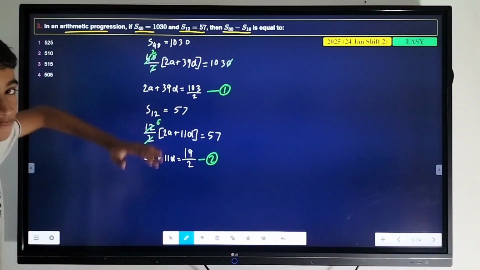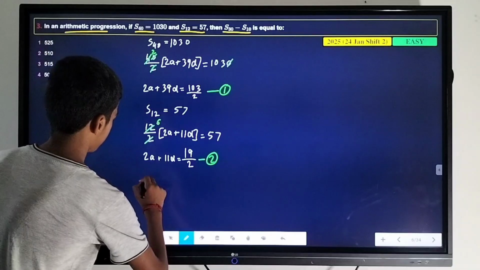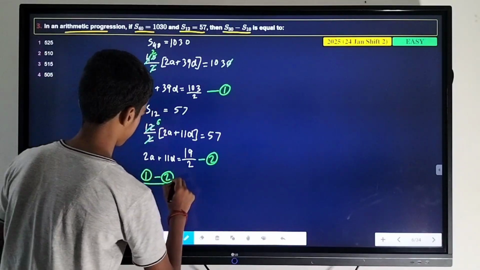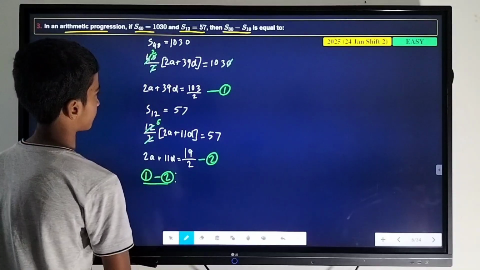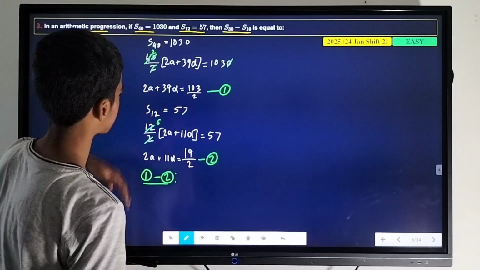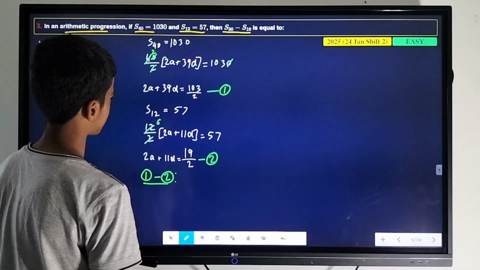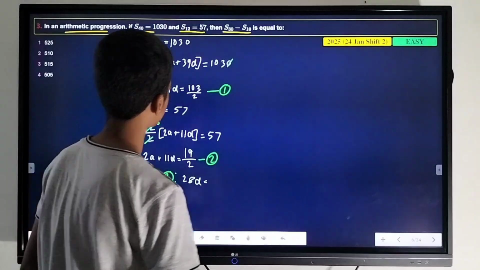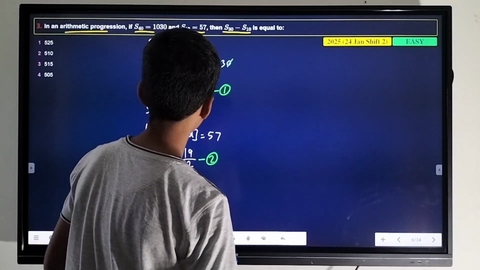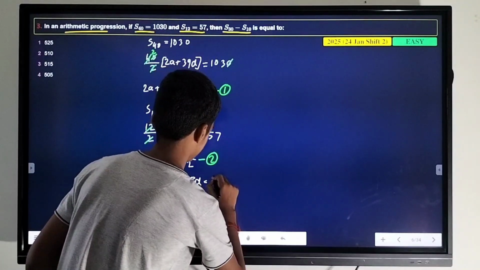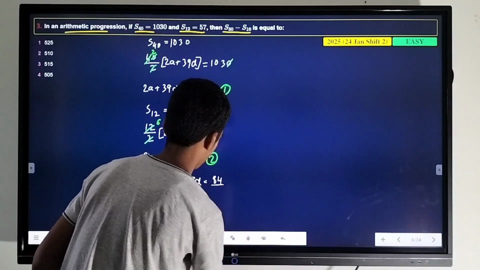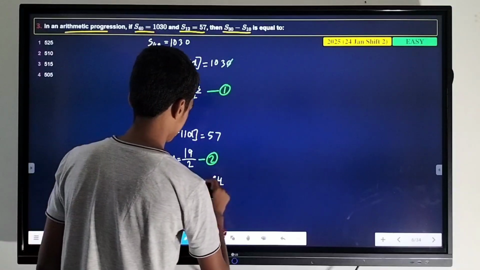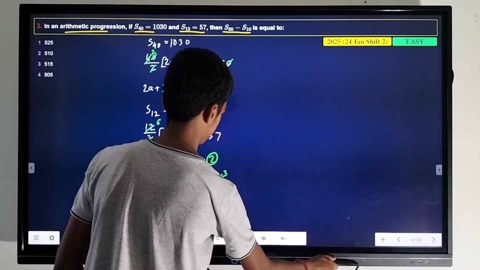So we have equation number 1 and equation number 2. We will subtract equation number 2 from equation number 1. So we will get 2a will get cancelled out. 39d minus 11d will be 28d is equal to 103 minus 19, which is 84 upon 2. 28 will cancel 84 3 times.